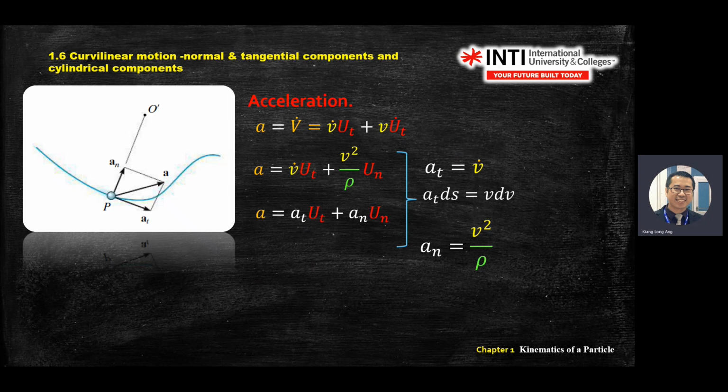How do you know the direction? You can always calculate the angle from tangent or from normal by using trigonometry equations. Because sometimes you're given the a magnitude, you can find an or at by using this equation.